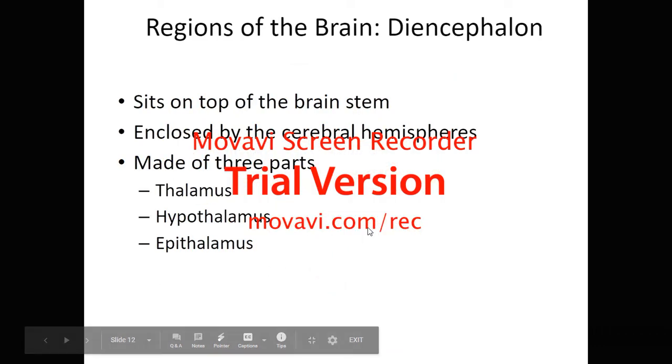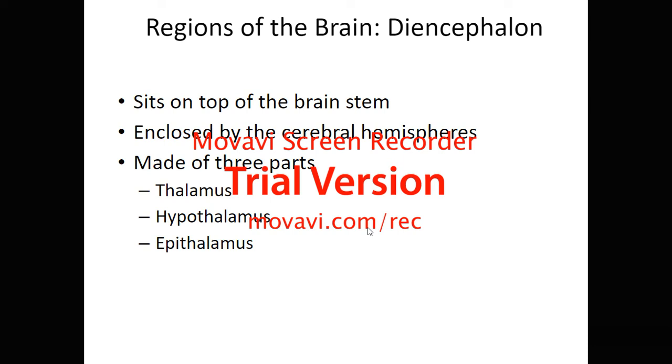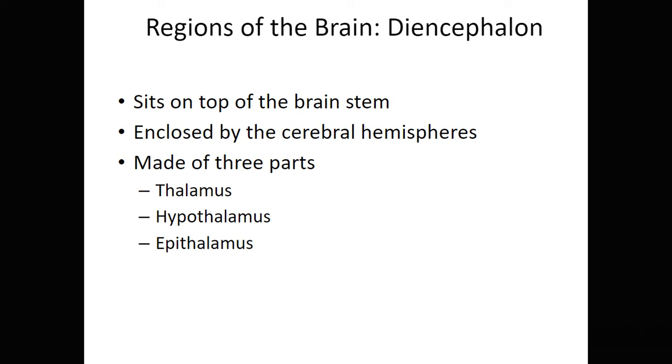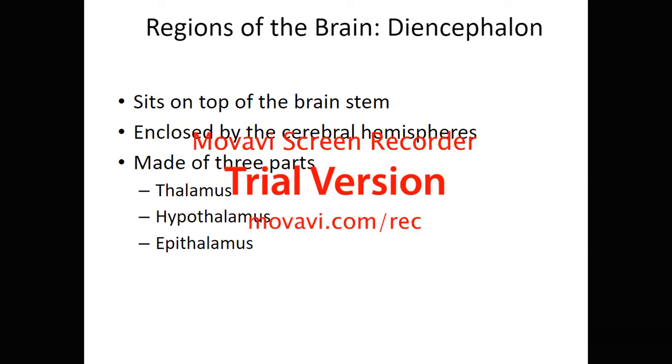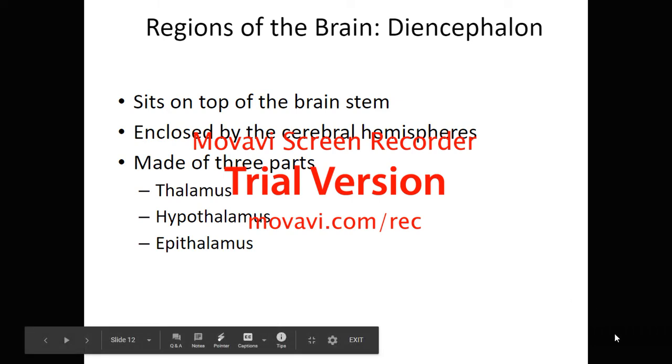All right, so now let's talk about the diencephalon. It sits on top of the brainstem, and it is made up of three parts: the thalamus, hypothalamus, and epithalamus. We're going to talk about what those do more in the next slide.